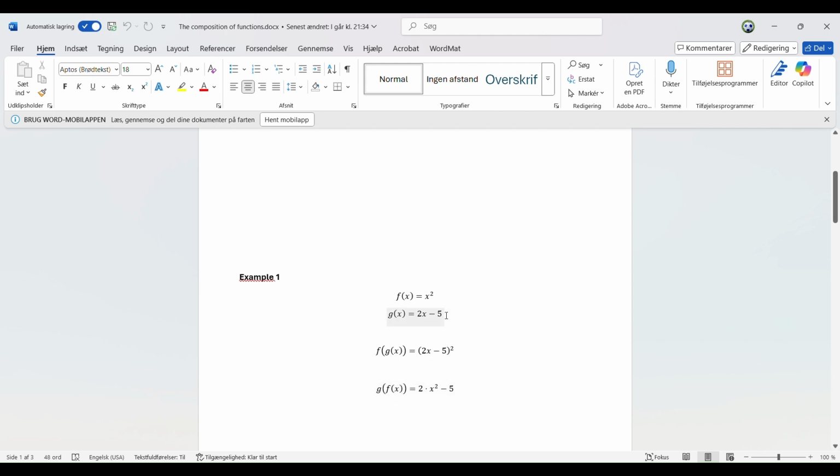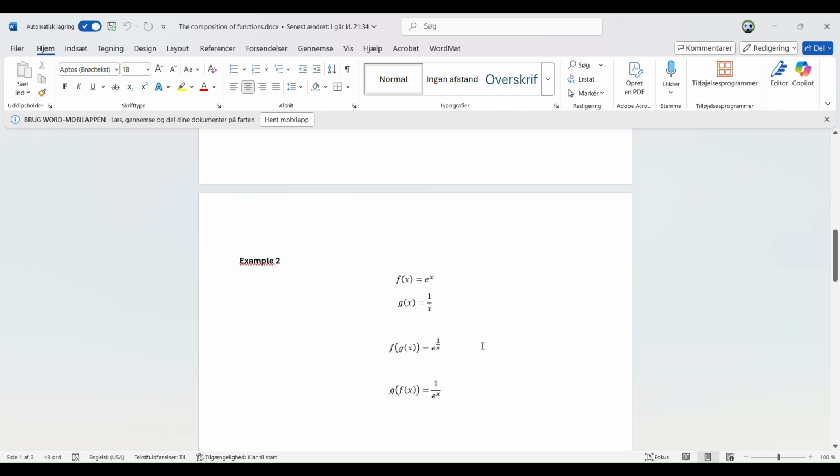So this time we have to imagine putting f of x, this function, into x's place down here in the outer function. So that would just be like putting x squared onto x's place down here. So that becomes 2 times x squared minus 5. So we've taken this x and replaced it with x squared. That was our first example.